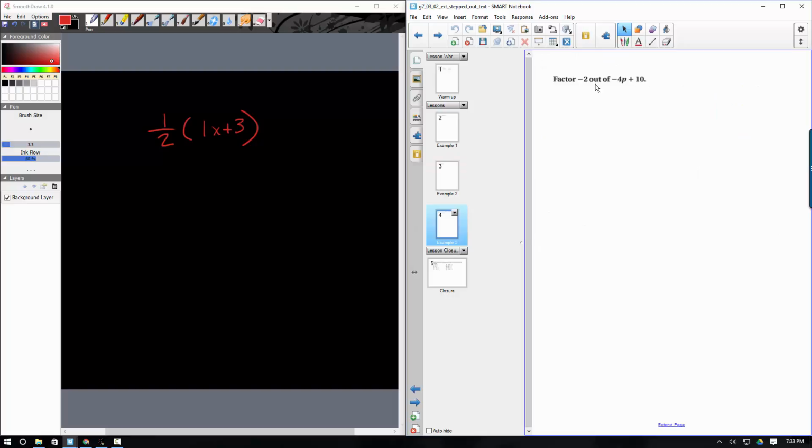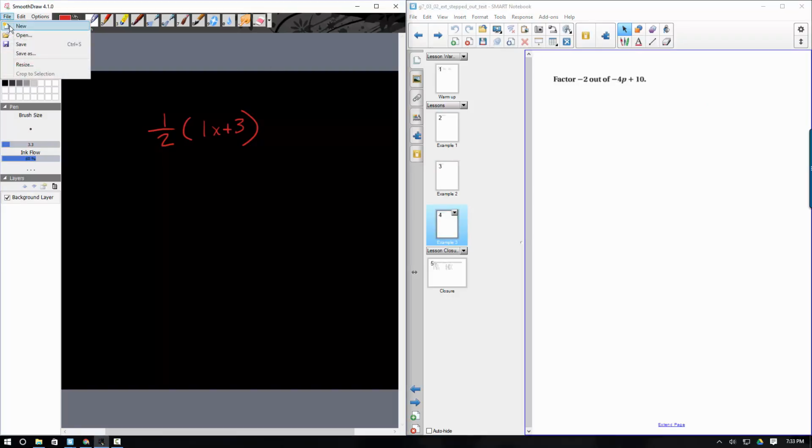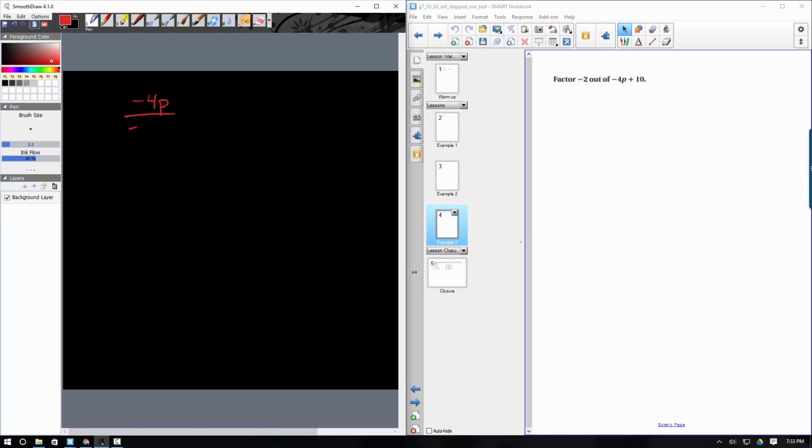Next one says factor out a -2. So again, I'm going to say -4p divided by negative 2. And I get 2p, right? So I'll have negative 2 times 2p.